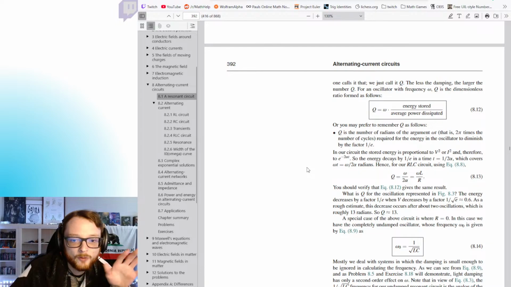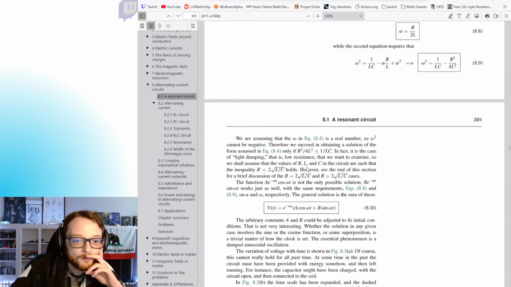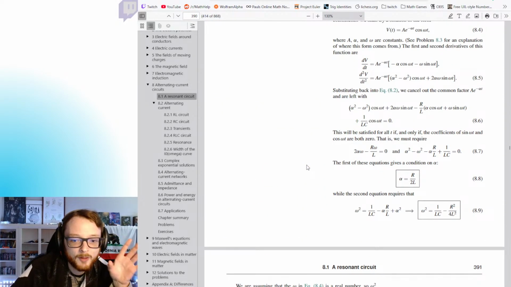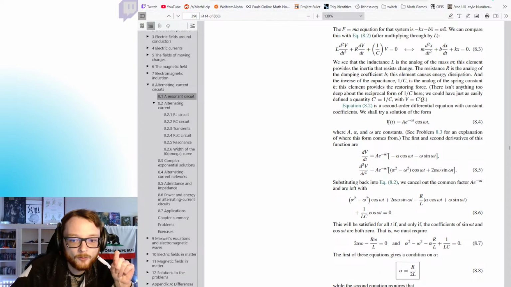When the book looks at the different cases, I think the word in the question is specifically telling me to guess only an exponential. But when the book goes to work it out, they guess an exponential times cosine omega t.